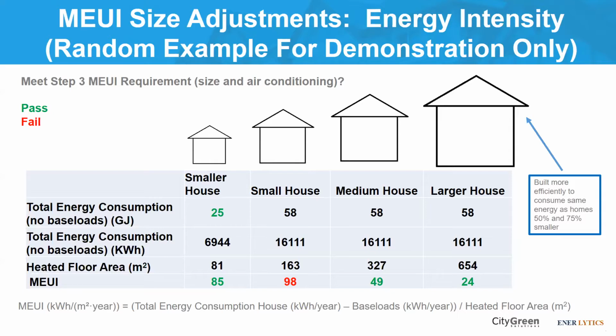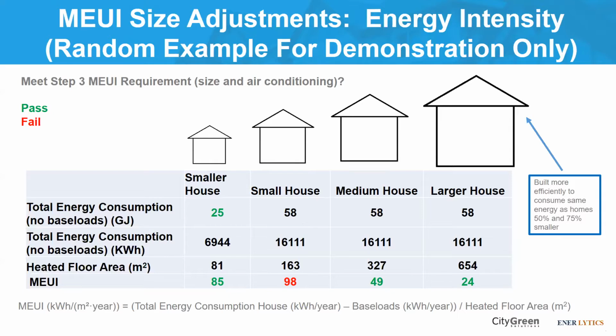However, this isn't necessarily a free pass, because this larger home would have needed to be built more efficiently to use the same amount of energy annually as the small home. However, it does make it more challenging for smaller homes to pass the MEUI metric. And for this reason, there are MEUI size adjustments.